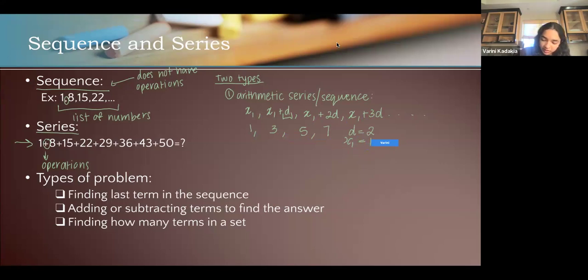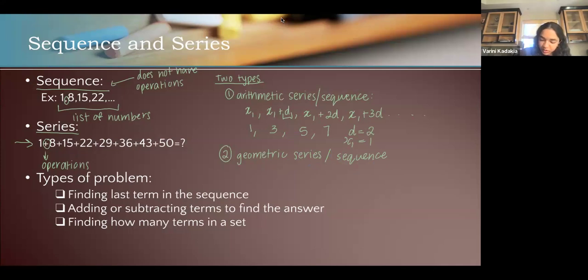And then the second type of series is a geometric series or sequence. Now, instead of adding a common difference, you multiply by it.